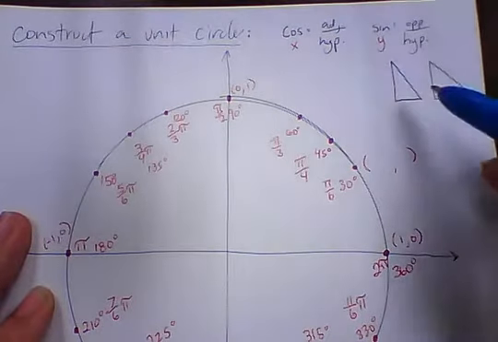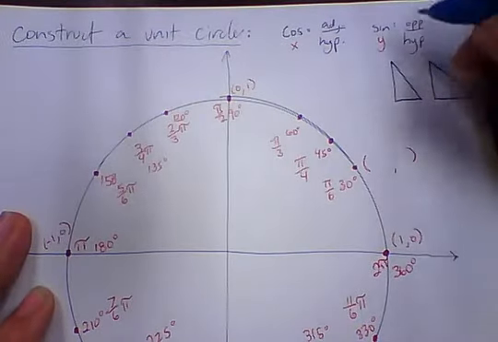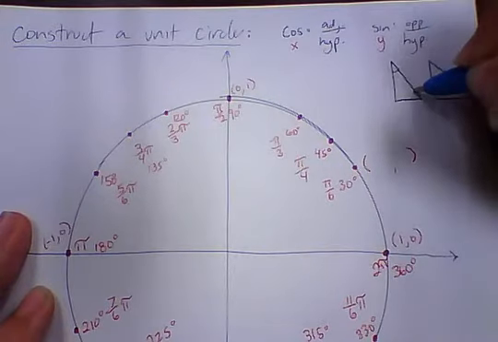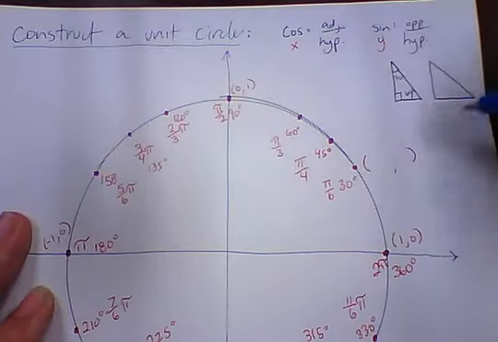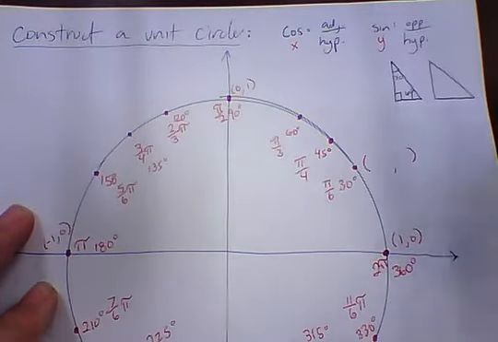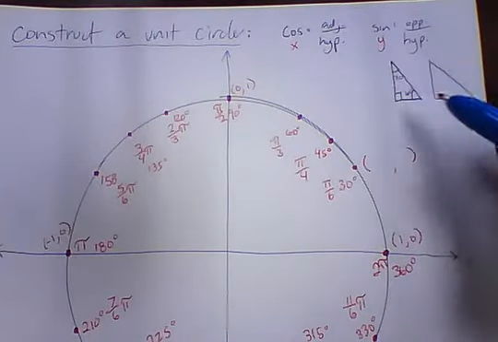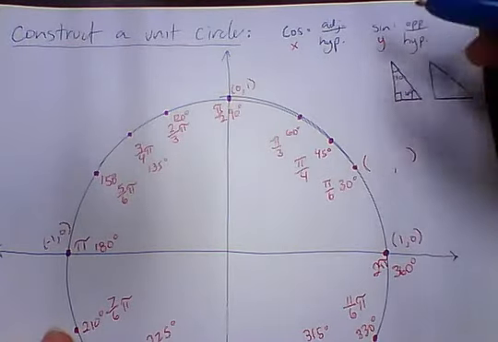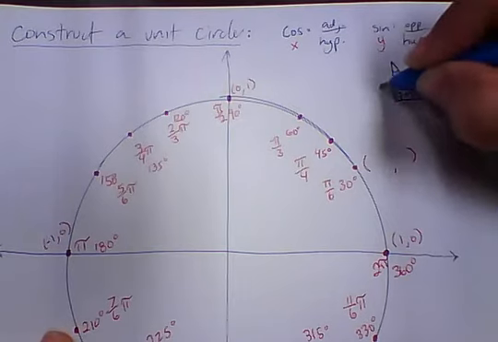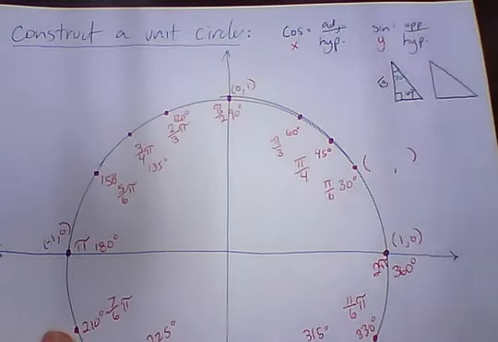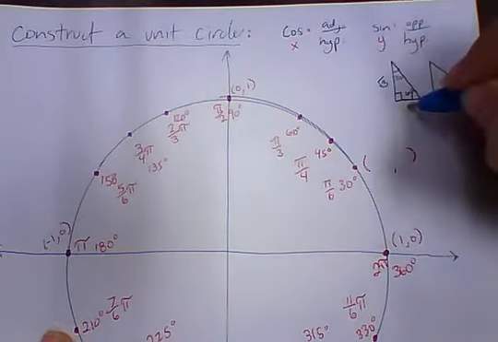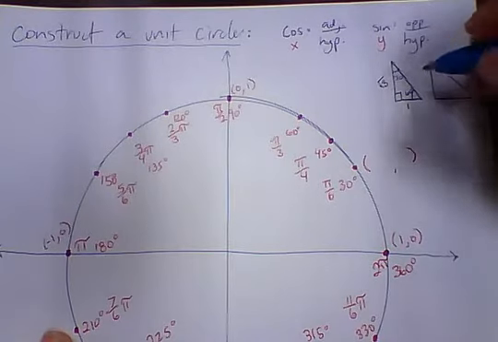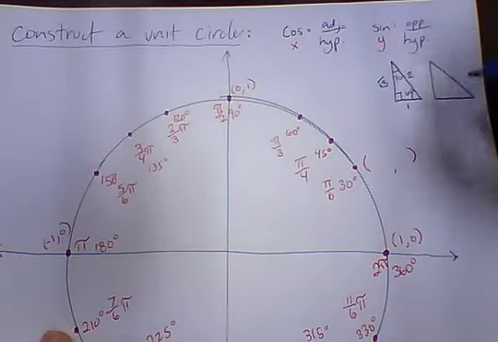The short side, long side triangle is our 30, 60, 90 triangle. Here's 60, here's 30. And these always have the same ratios of side lengths, where this long side opposite the 60 is the radical 3. The short side is 1, and the hypotenuse has a value of 2.